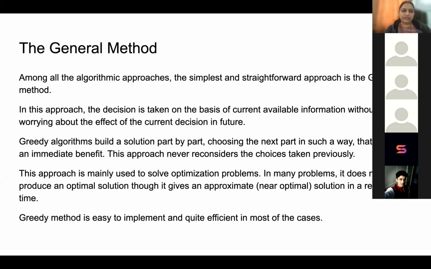And again, if that state fails to give me the immediate benefit, it won't be considered again. However I take the decision for that state to be taken, but it fails, then I never reconsider that choice which was wrong previously.